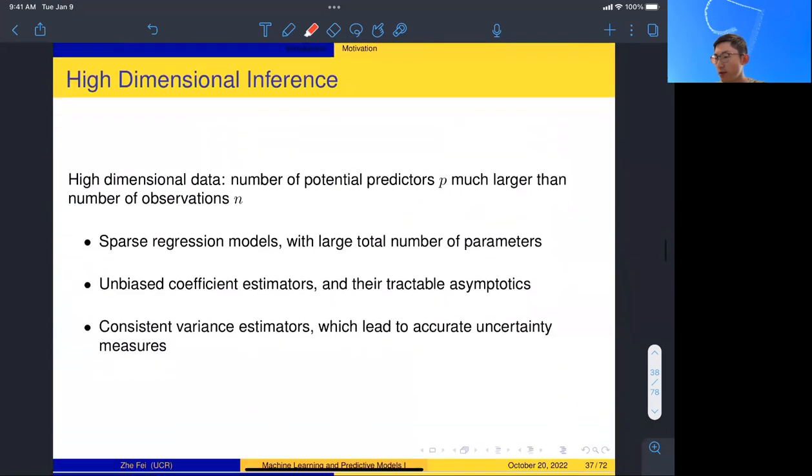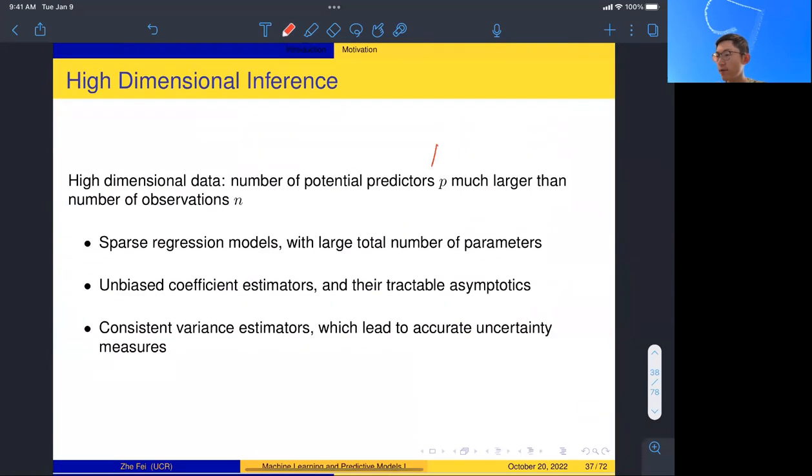High dimensional inference is when we have P greater than N, and we want to identify the sparse regression model, essentially the important predictors out of all of the P predictors. We want the unbiased coefficient estimates, and in addition, we want the variance estimates as well.